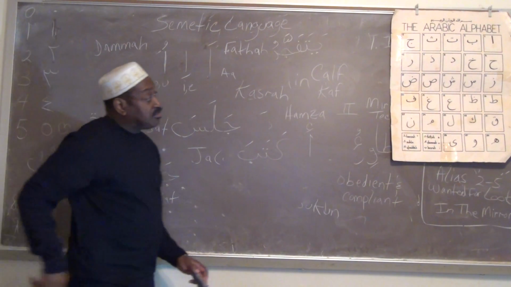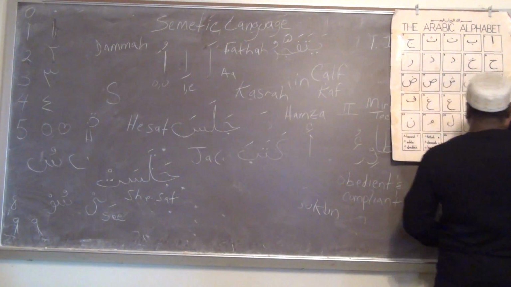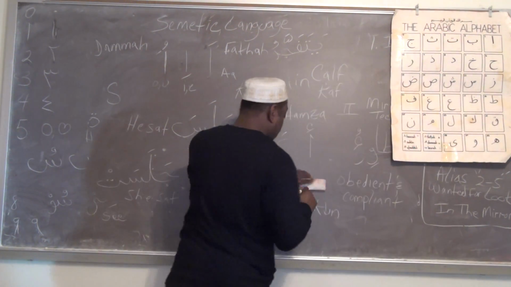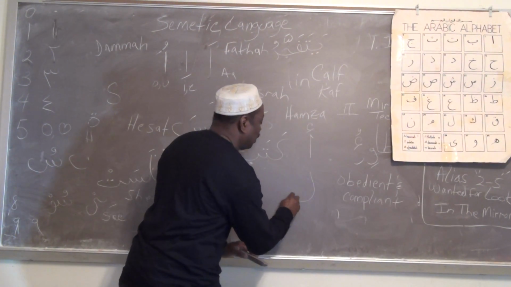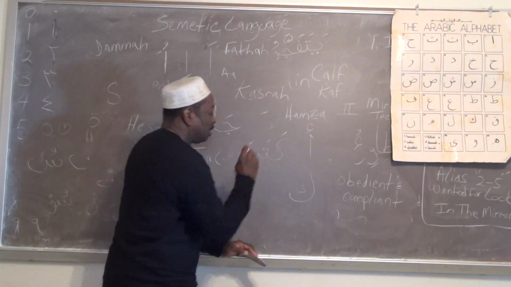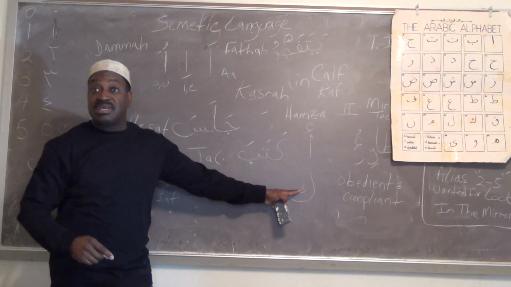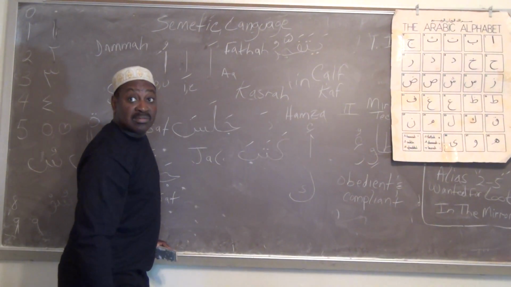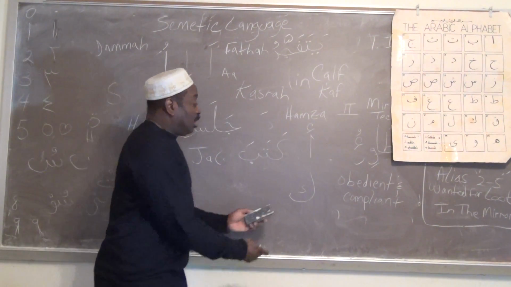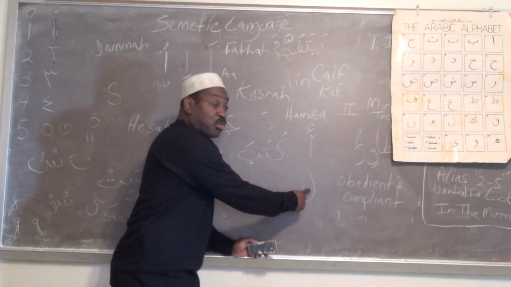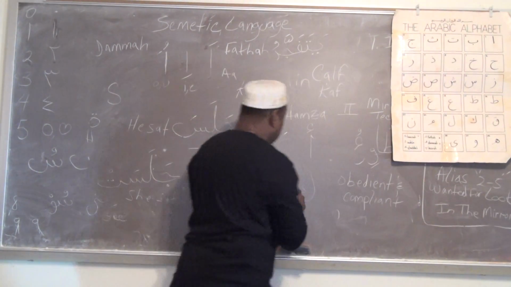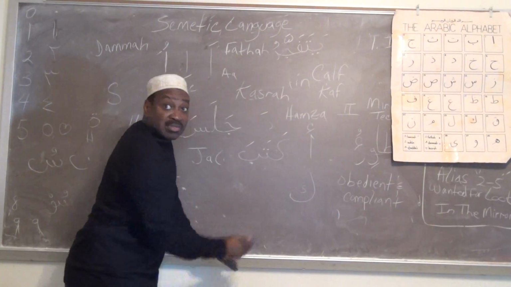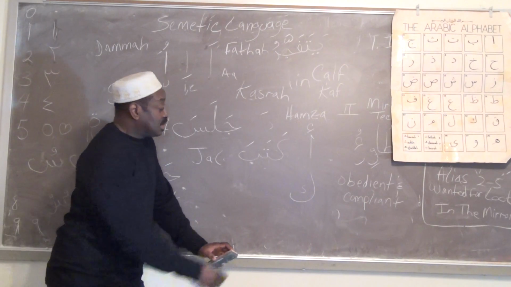Here's one of those letters for those who are not familiar. This is this letter right here. And notice this letter here. You see that? See this? This is the same as this. So when it starts at the beginning of a word, it changes from this to this. This is what it looks like in the middle of a word, right here. Same letter.